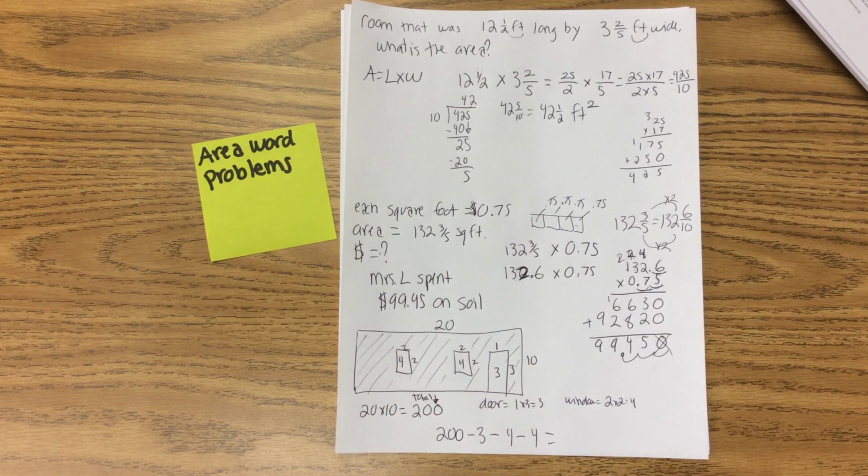Whatever it is, you can use your area knowledge and your mixed number multiplication knowledge to solve any kind of area problem or space problem or anything that involves mixed numbers, because we're using our multiplication of mixed number skills successfully.